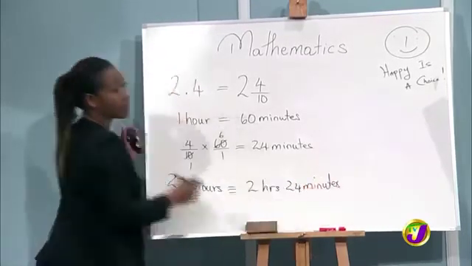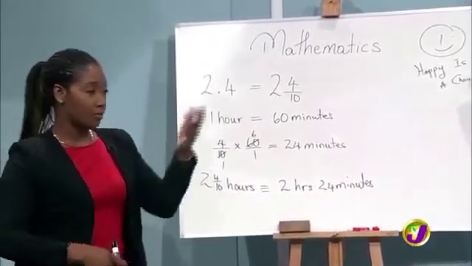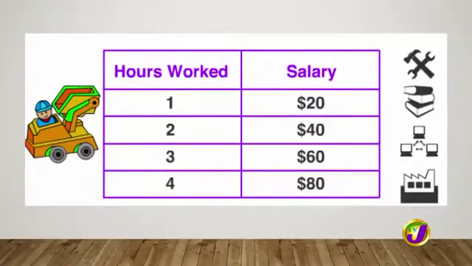All right. So let's move on to the next question. Or, well, this is just information. Let's look at it. So we were looking at inverse proportion scenarios. Let us look at this particular diagram now. We have hours worked and we have salary.